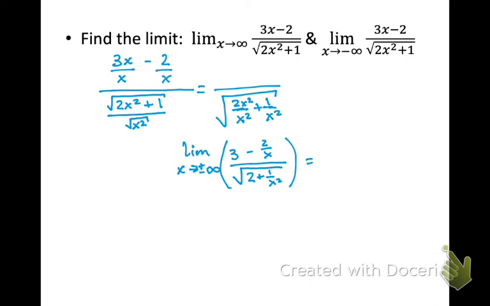So 3 minus 0 over the square root of 2 plus 0. So I think that gives me 3 over the square root of 2, or 3 square root of 2 over 2. Now, is that going to change if I do everything to negative infinity? No. So that is my answer for either positive or negative infinity.